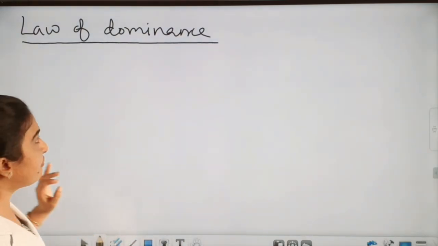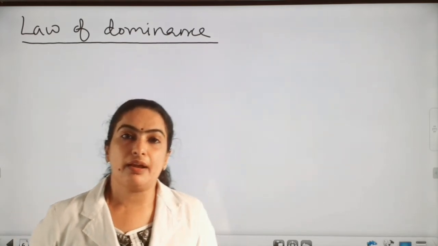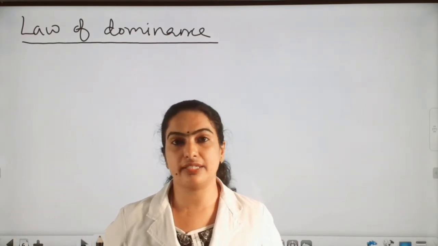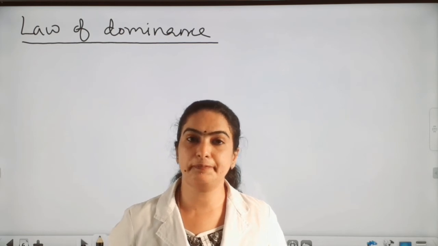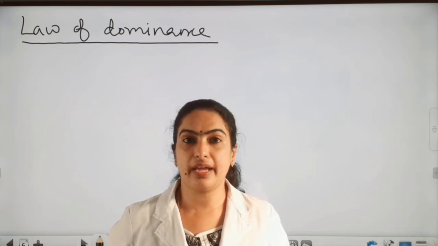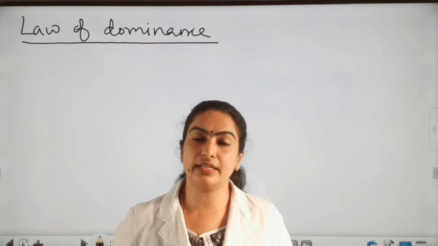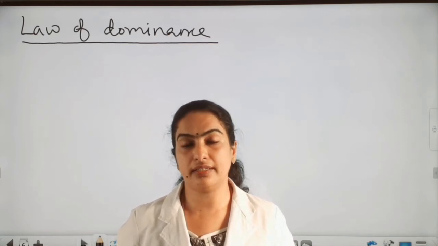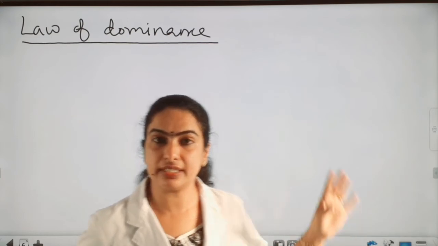According to law of dominance, when a pair of contrasting factors of a character are brought together, one character or one allele is dominant over the other and is expressed in the first filial generation. That is law of dominance.